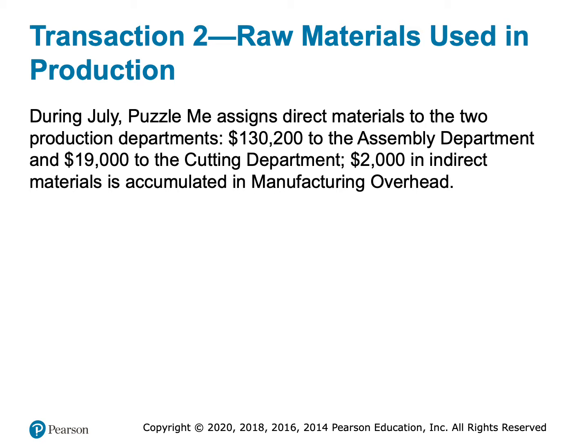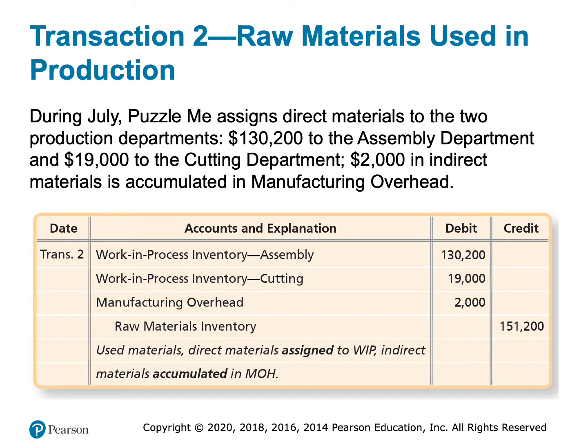So I'm going to debit work in process assembly for 130,200. I'm going to debit work in process cutting for 19,000, and then I debit overhead for 2,000. So I'm going to have three debits in this journal entry, and then I'll credit raw materials for the total.